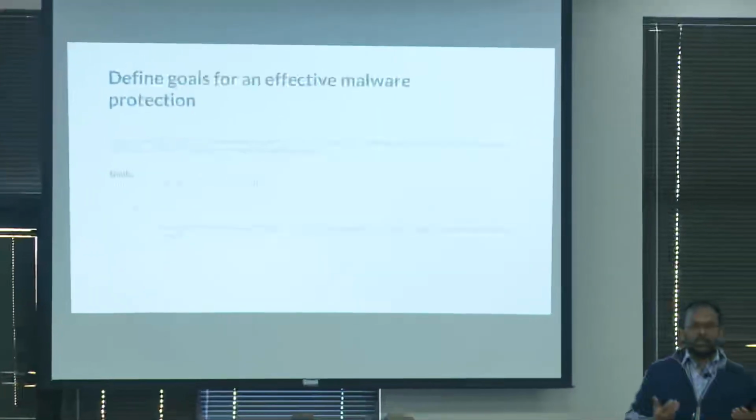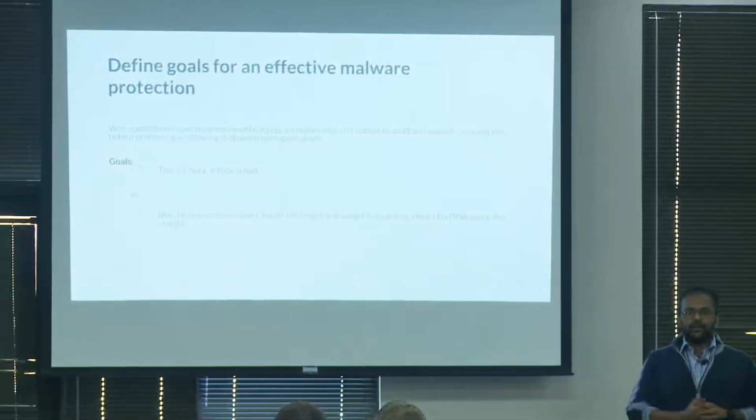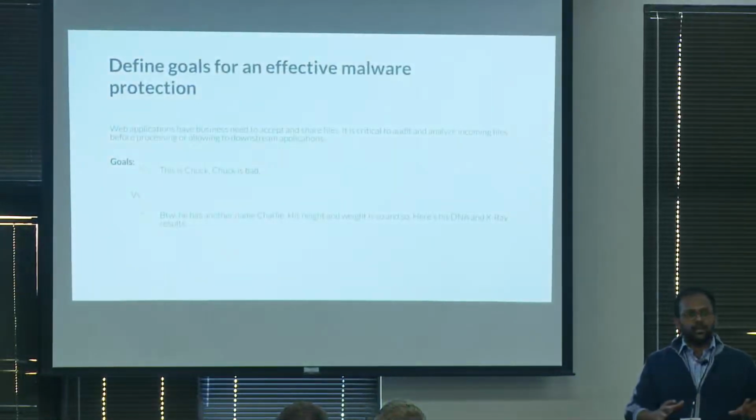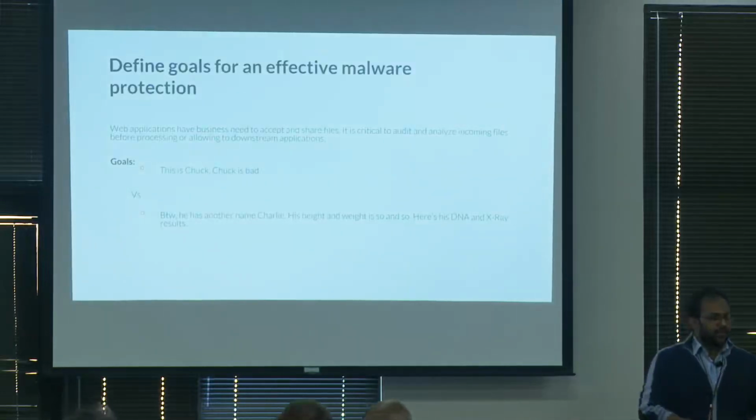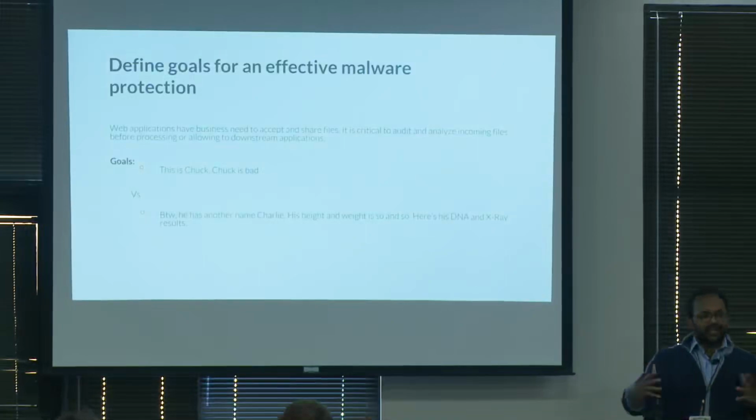So before we architect, the first step would be to define the goal. What do we want this submission-based analysis system to do? At the core, we have to define how much it needs to tell us. If someone is coming in, are we okay to say, hey, this file or this person is Chuck, and we know Chuck is either bad or good?